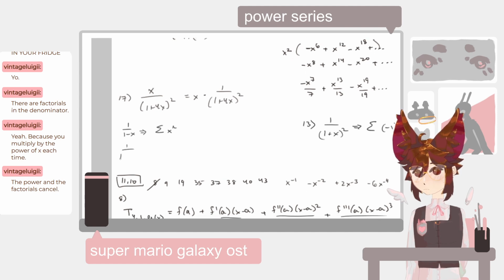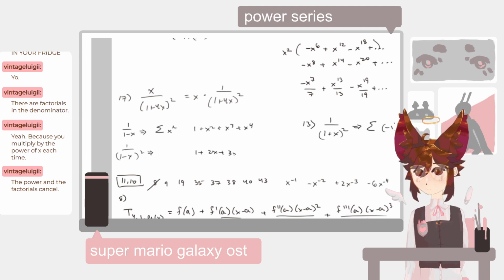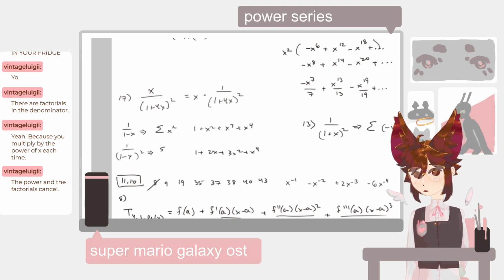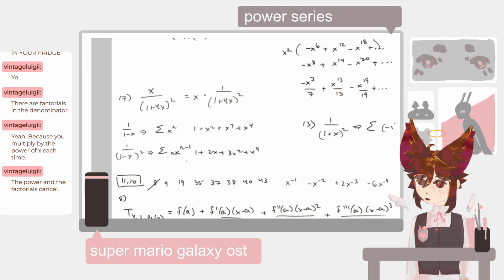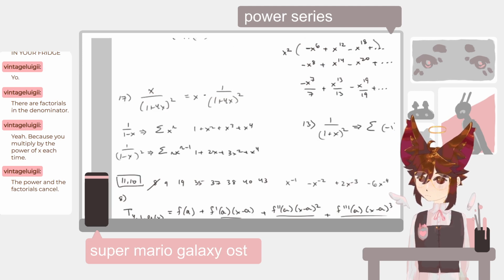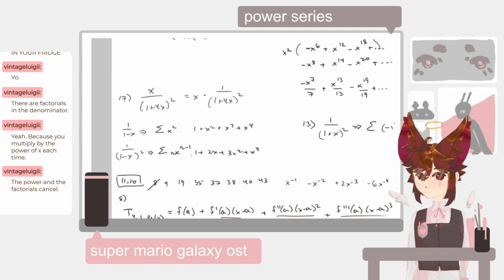And then if I go 1 over 1 minus x quantity squared, this is like 1 plus x squared plus x cubed plus x to the 4th. 1 plus 2x plus 3x squared plus 4x cubed, which is nx to the n minus 1, because this is the 0... is it n minus 1? I feel like it should just be n. Oh, the 0th term is 0.